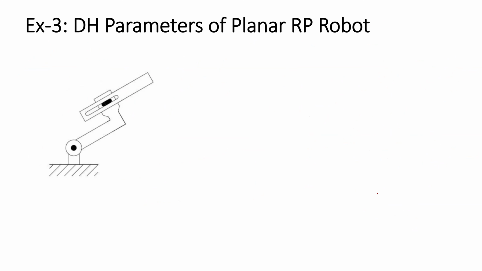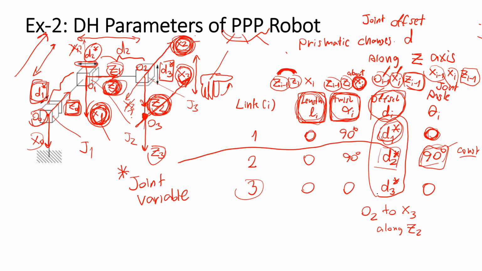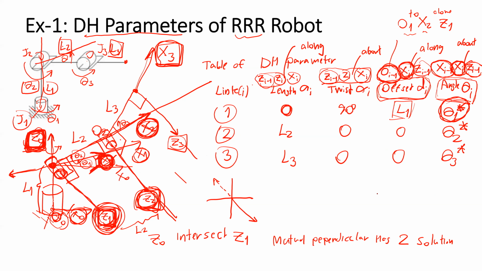But before that, I have a question on example 1. Okay. I think it's about how you put the origin, the O0, and how it affects the variable. The offset, right? You said if you set the origin to the ground link, the offset will be L1, correct?